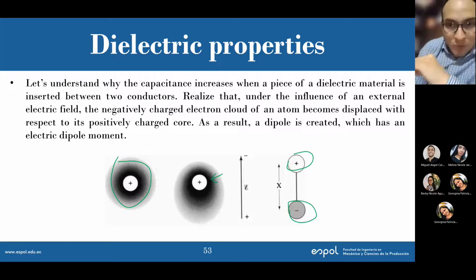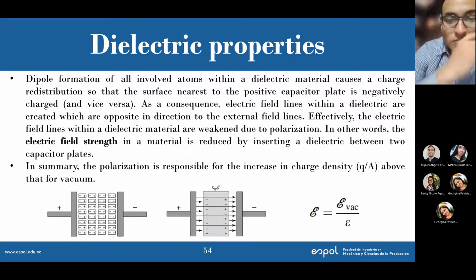Now, that formation of dipoles in all the atoms within the dielectric material causes a redistribution of charge, so that the surface nearest to the positive capacitor plate is negatively charged and vice versa.